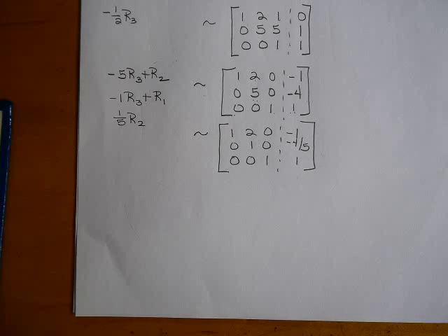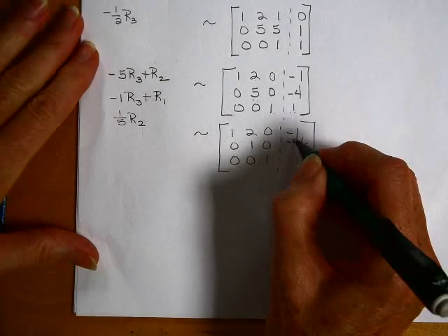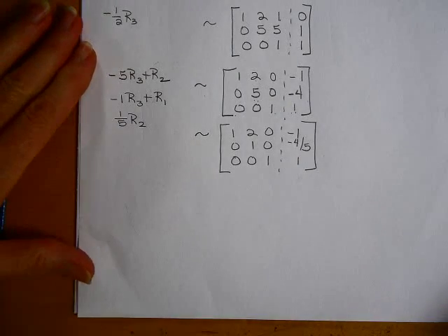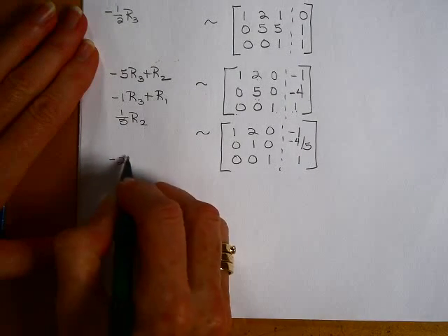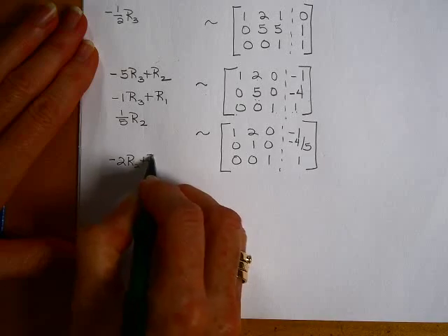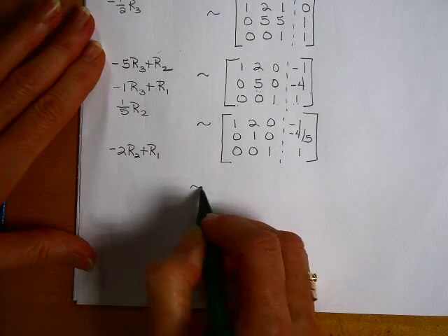The last step would be, how do I get rid of the 2? Negative 2 times row 2 added to row 1.